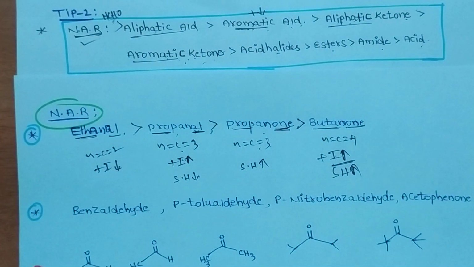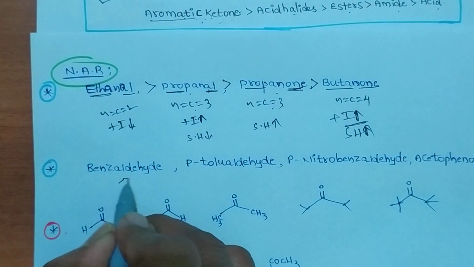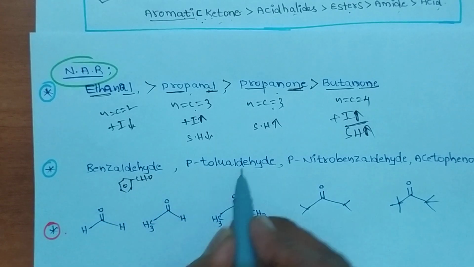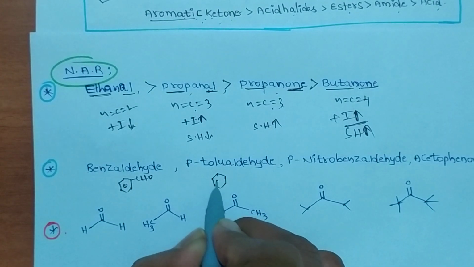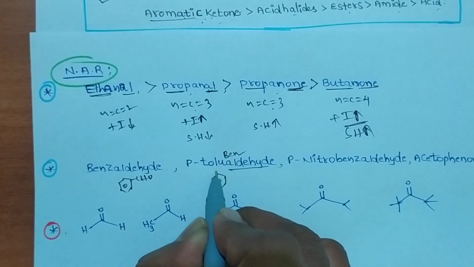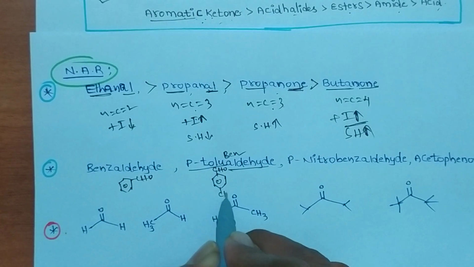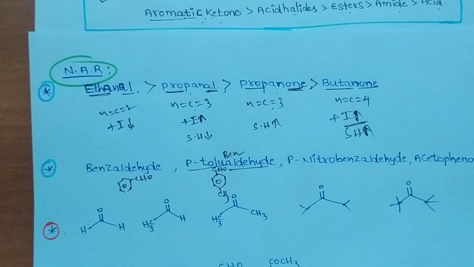Next, benzaldehyde, the second example. Now this is benzaldehyde. Next, para-tolualdehyde, that means benzaldehyde with a para position toluene, that means a CH3 group is present. Next, para-nitrobenzaldehyde.